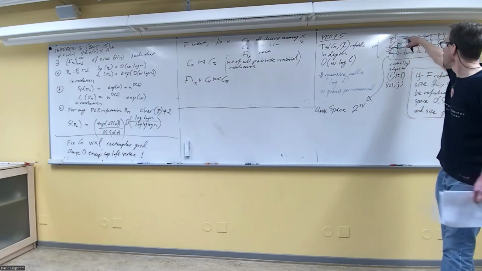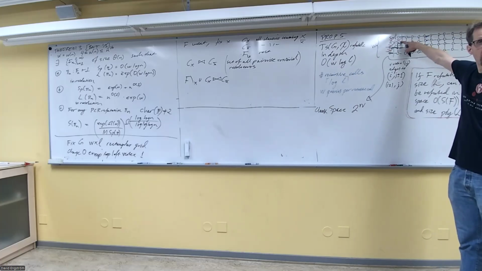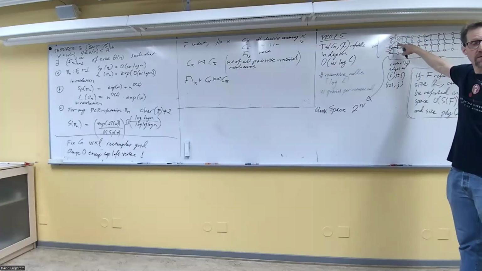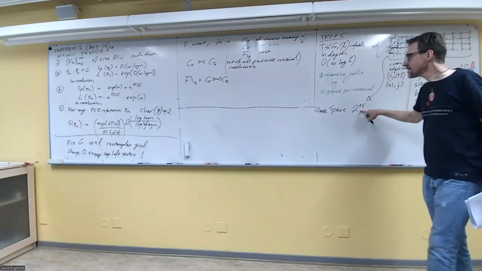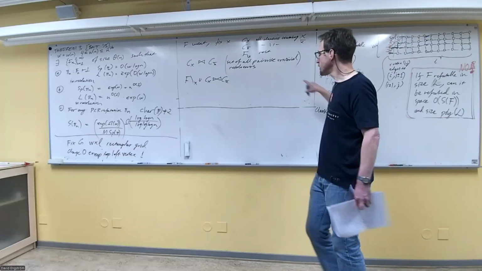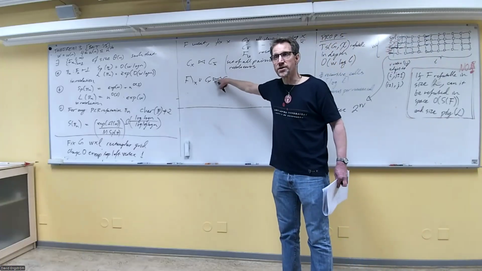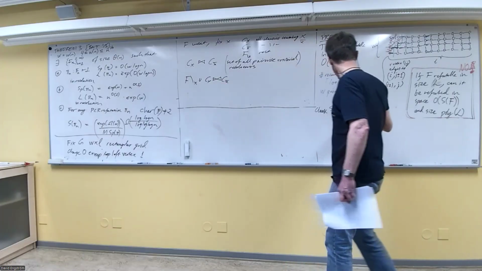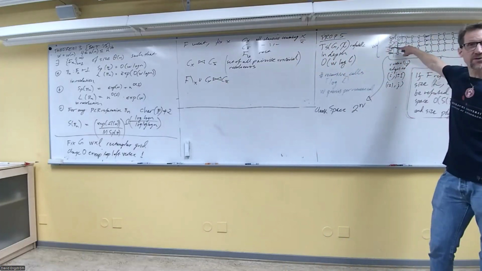Okay. Now I download the vertex constraints one at a time. And the operation that really takes time is this operation. So how many constraints do I have here?